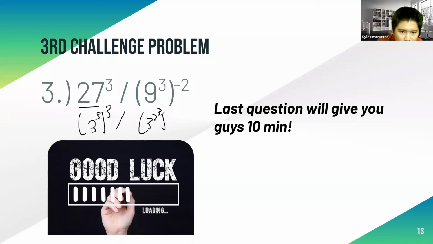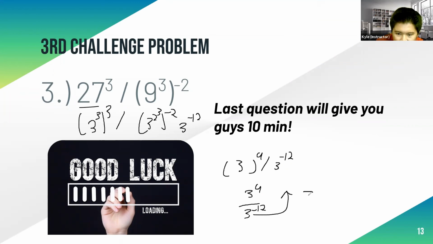Now we have a 3 again. Now we have -2, so now this is 6. This is 12, 3 to the -12. So now we have 3 to the power of 9 divided by 3 to the -12. Since it's 3 to the 9 divided by 3 to the -12, flipping this negative exponent means I bring it up. So now the final answer would be 3 to the 9 plus 12, or 3 to the 21.